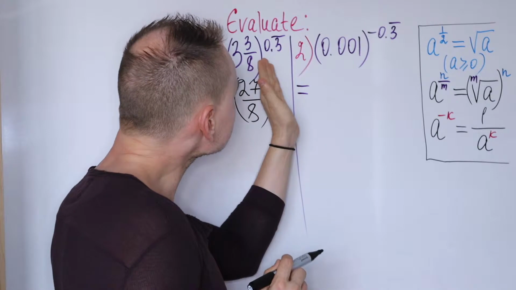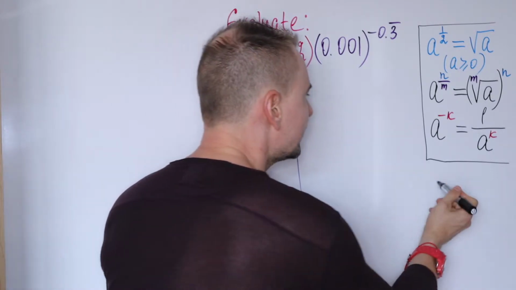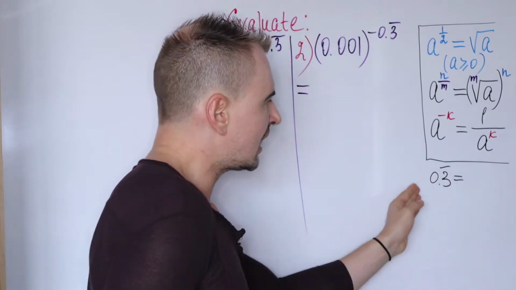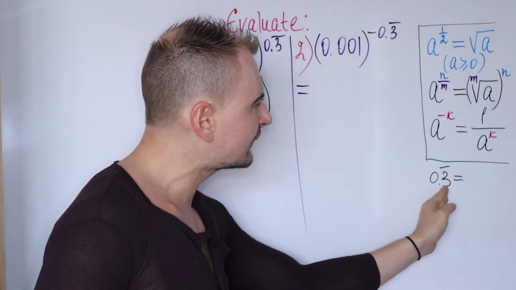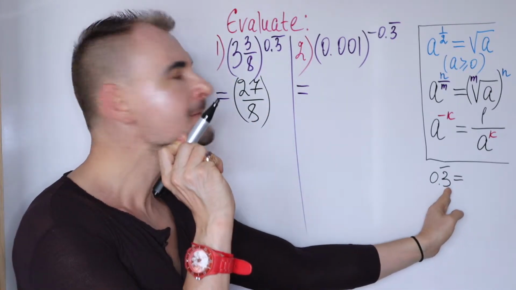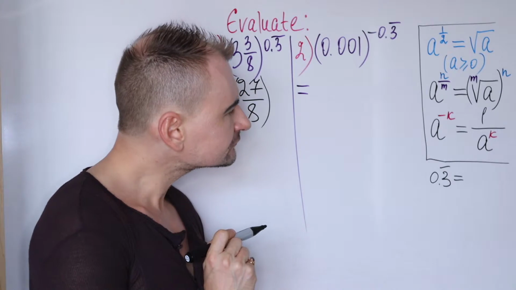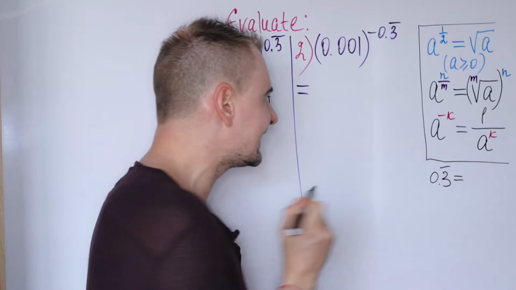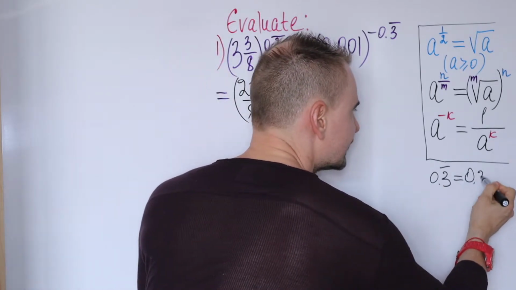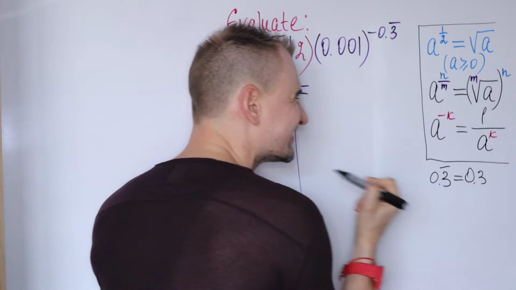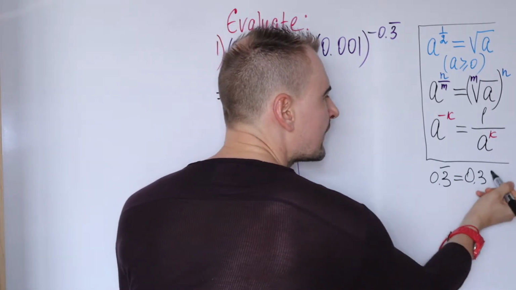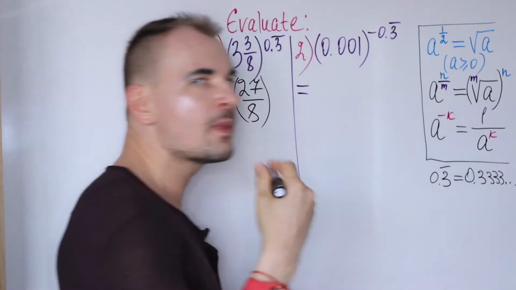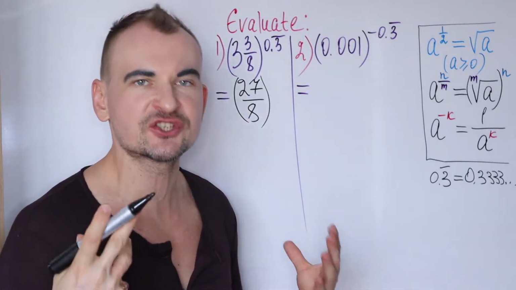Now, 0.3 recurring. This notation, 0.3 with a small bar over the digit 3, indicates that 3 repeats itself. So basically this notation stands for 0.3333, going on forever, never stopping.